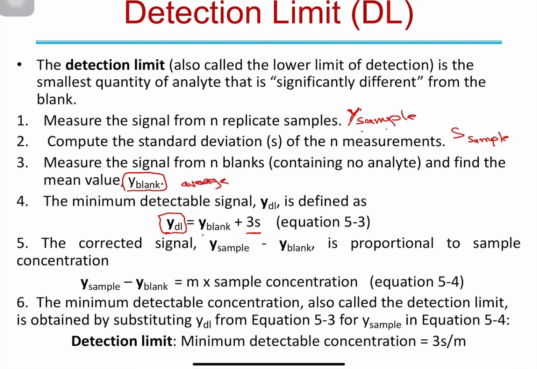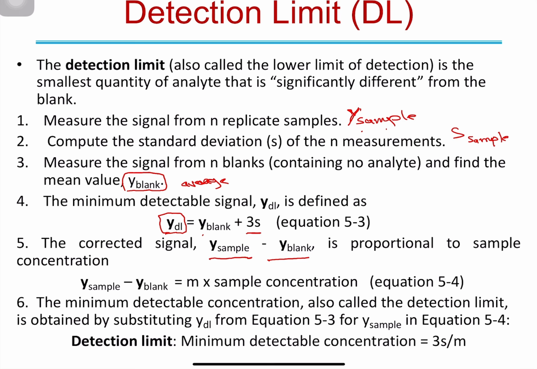Now, when you measure your sample, you have the signal that you get from the sample, but you need to correct it because now you know that your blank has a certain signal. So the corrected signal of the sample equals Y sample, the average of the measurements of the N replicates of the sample, minus Y blank, the average of the signal of the blank.